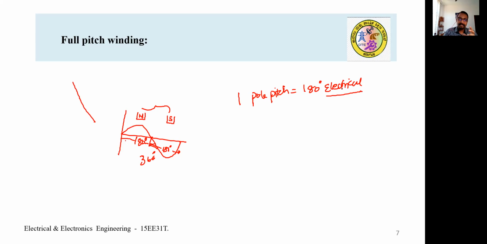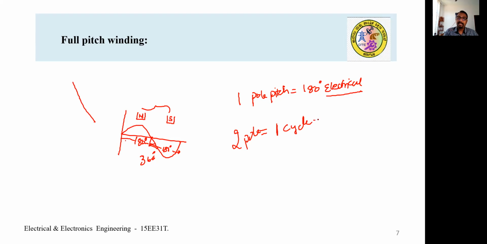In rotating electrical machines, we often use electrical degrees and mechanical degrees. Then what is the difference between these electrical degrees and mechanical degrees? See, if it is a two-pole machine, in one rotation, that is in 360 degree, one cycle of EMF will be induced.